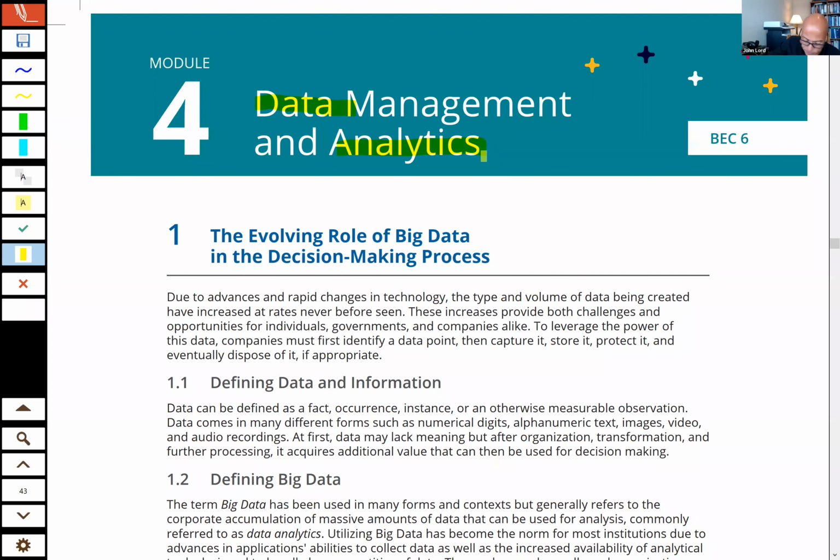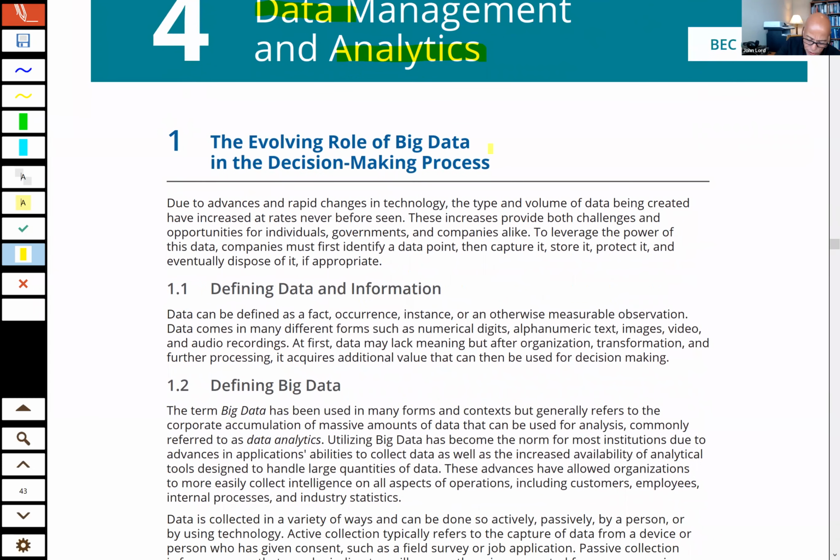So you come down and let's look at this notion of big data, okay? The term big data has been used, but generally refers to corporate accumulation of massive amounts of data that can be used for analysis, commonly referred to as data analytics. And I gave you some examples of some of the things. They use it sometimes to annoy us, right?